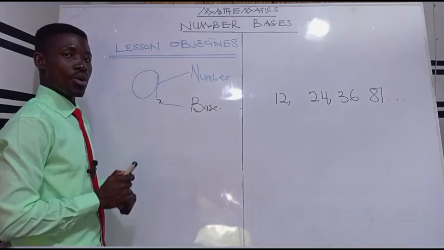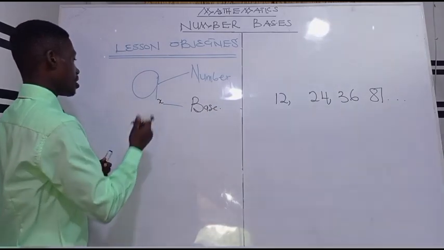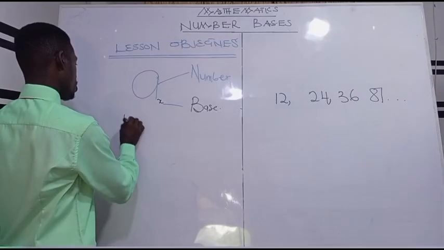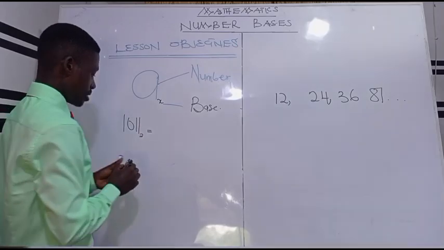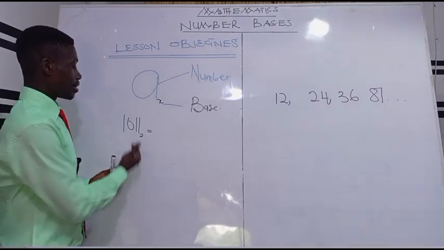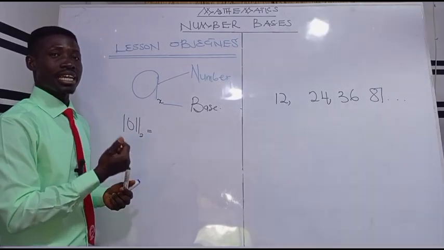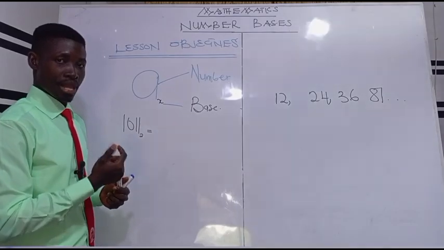So example, when you have a number, let's say 1011 subscript 2, this basically means that this number is written in base 2. Are you following?